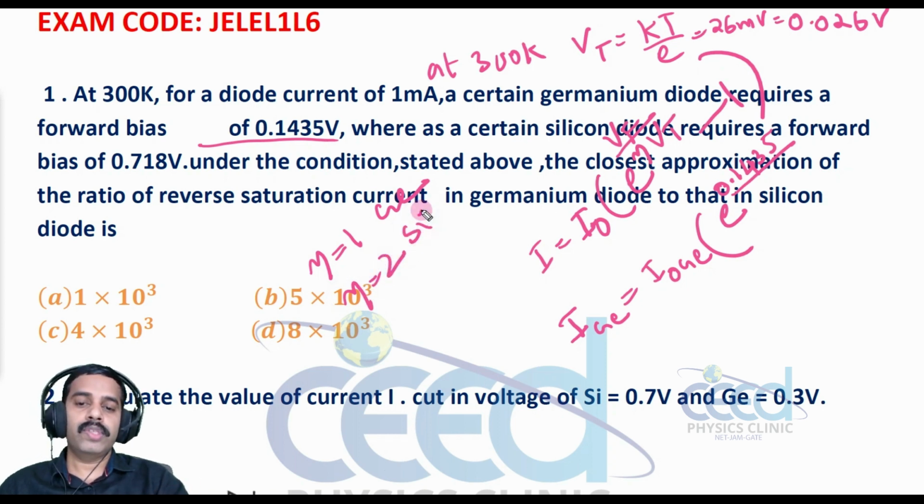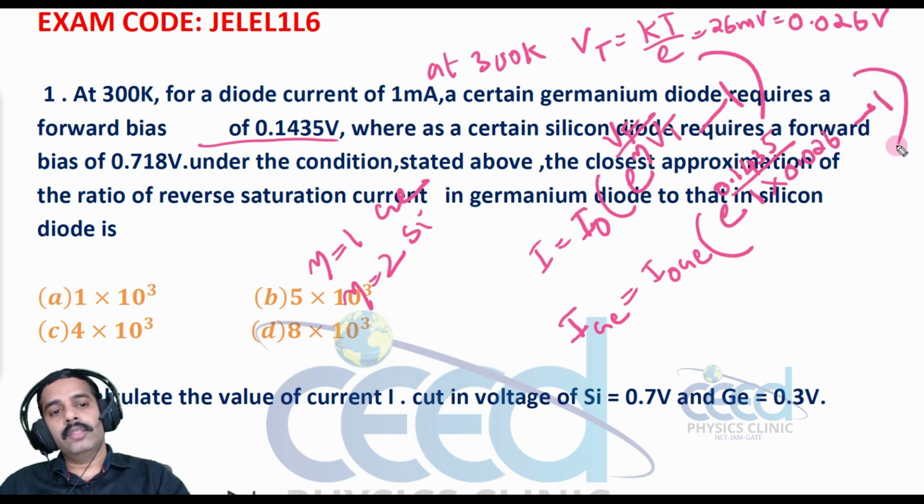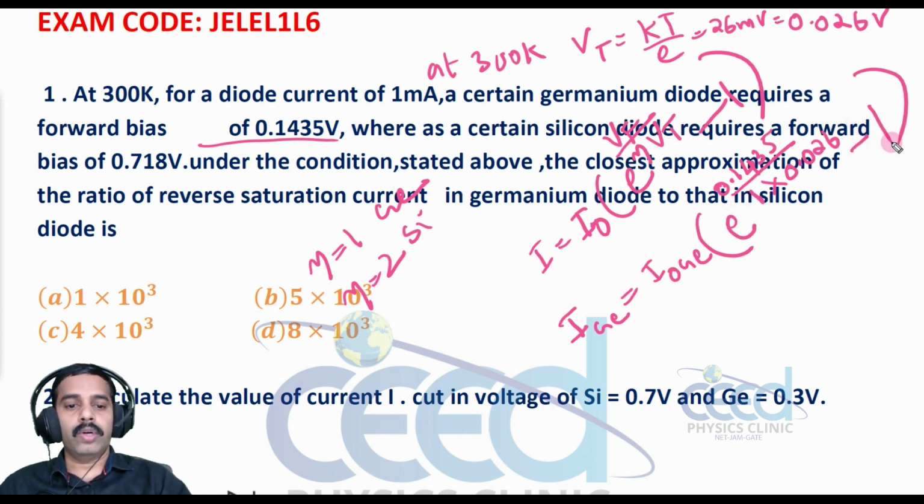We have discussed this in theory. So for germanium, eta will be 1 and Vt is 0.026. This is the exponential power, and then the term minus 1.